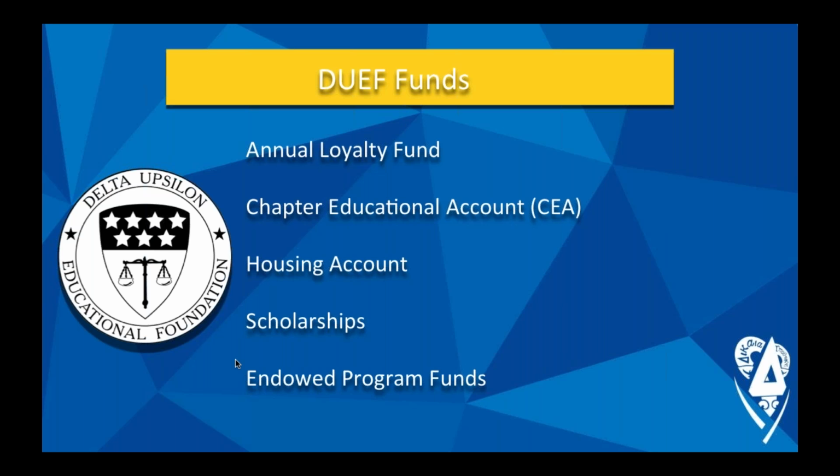Those are pretty much funds where the money comes in, it's held, and then when it's time to register men for programs or help support them getting to programs, you contact us, and as many of you are familiar, we help you make a withdrawal from that or transfer funds to pay for those educational costs.